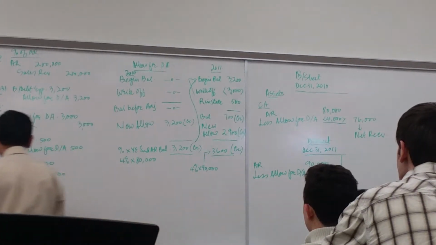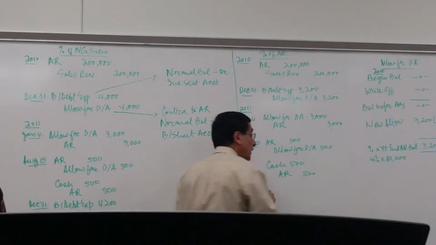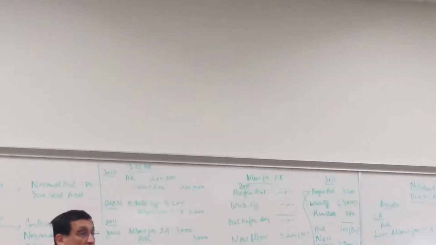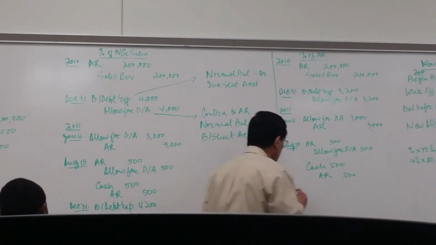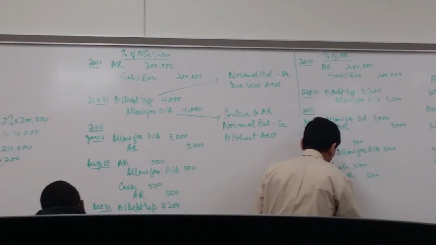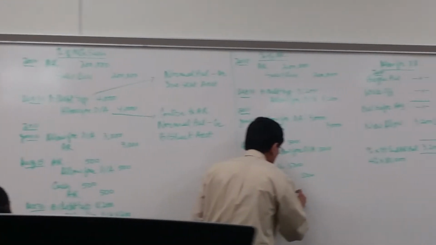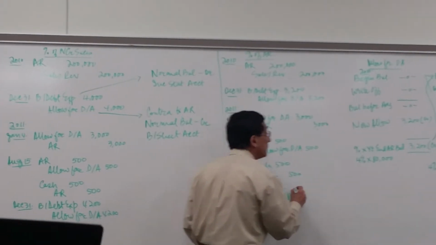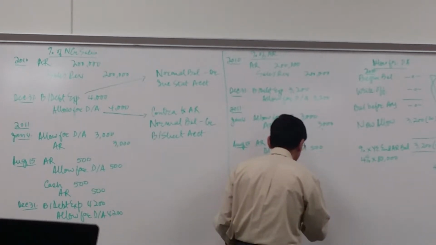What do you think would be your year-end adjusting entry? Let me complete a couple of steps and then I'll open the floor for questions. Was it 2,900?